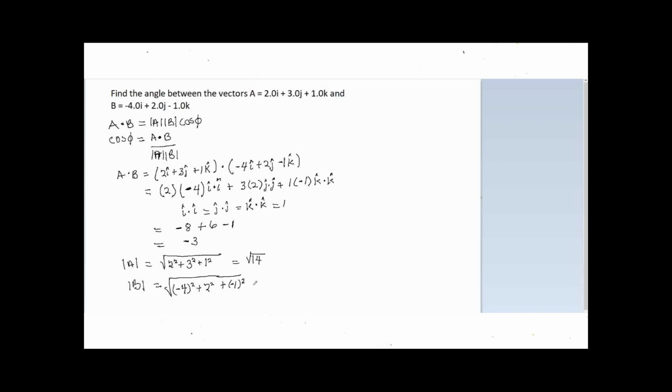So the magnitude of B gives us square root of 21.